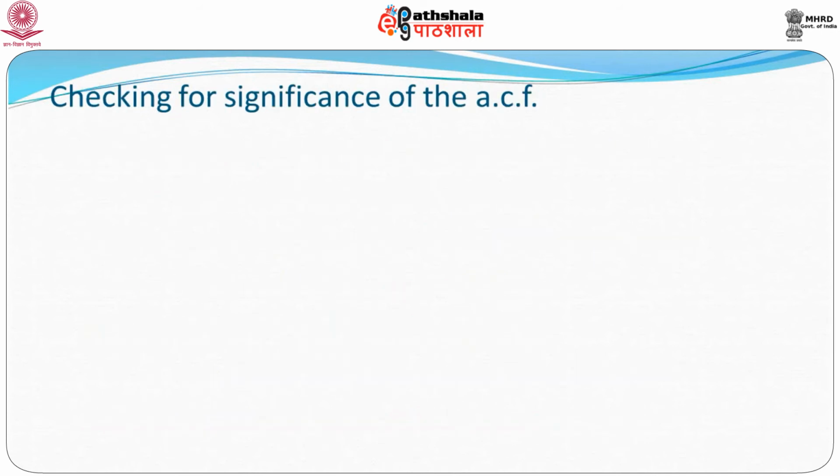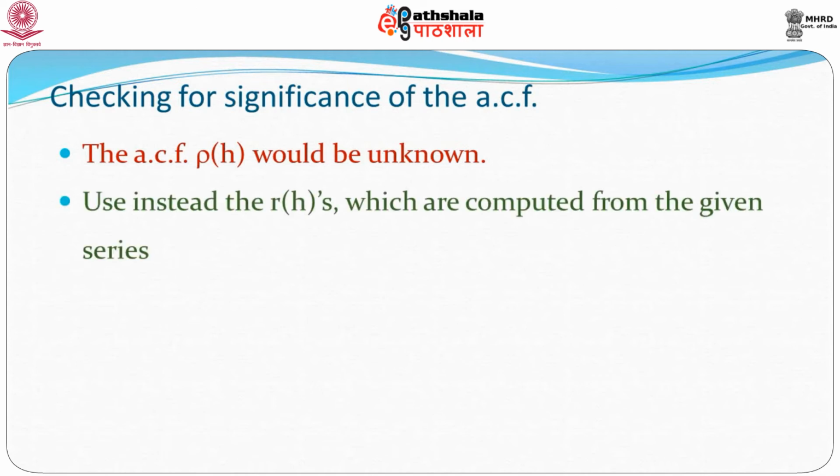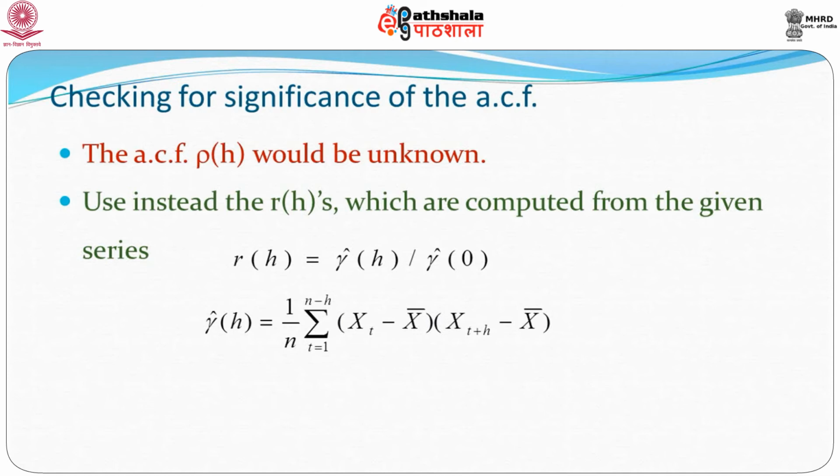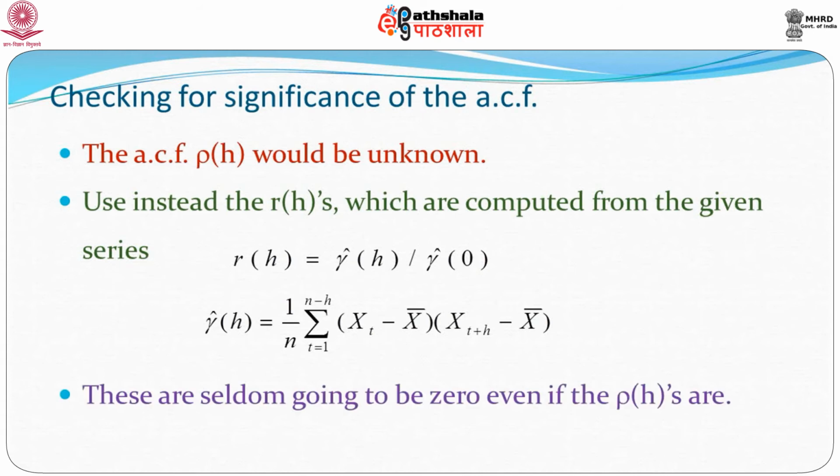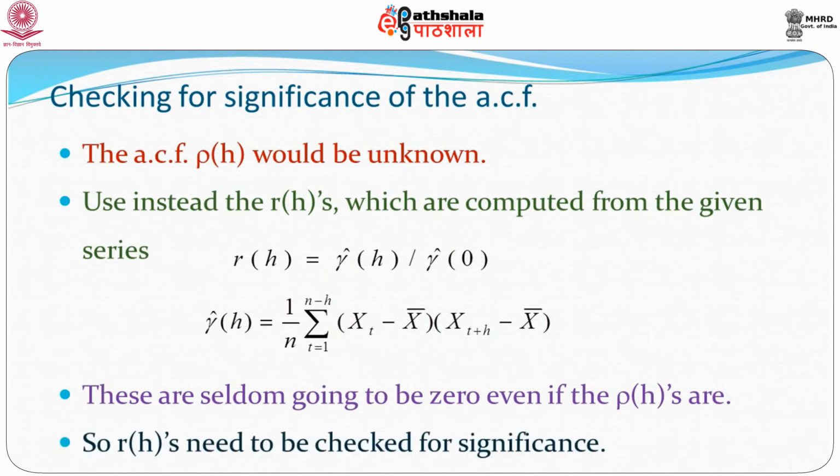Now, there is one problem that we have not addressed here, and that is the problem of the ACF. We have assumed that rho h goes to 0 or becomes 0, but rho h is something that is unknown. Instead, what we look at is the r_h, which we calculate from the samples. Now, r_h is equal to gamma hat h by gamma hat naught, as you remember, and unfortunately, these are seldom going to be 0, even if the rho h's are. So, r_h's need to be checked for significance.